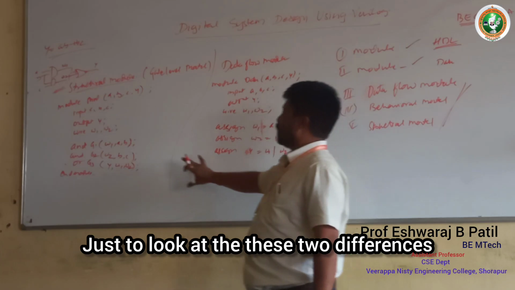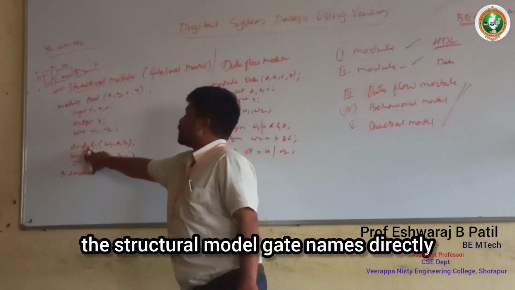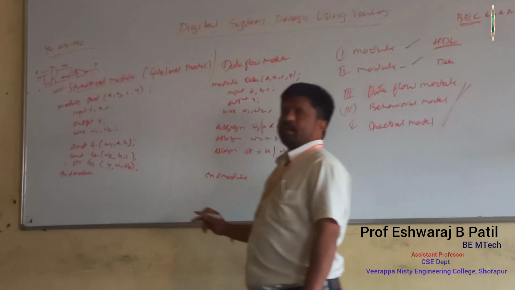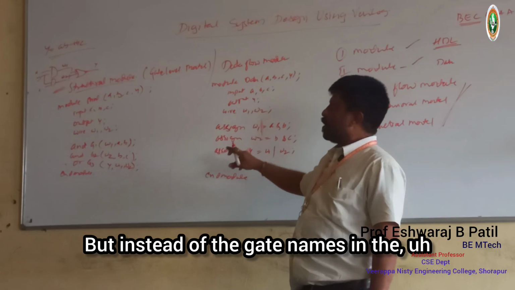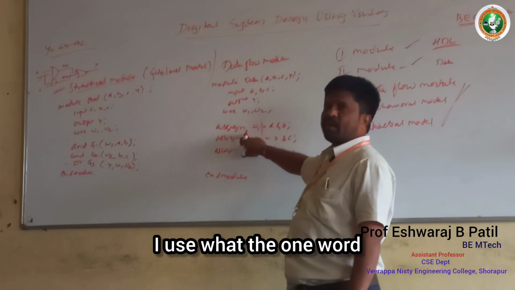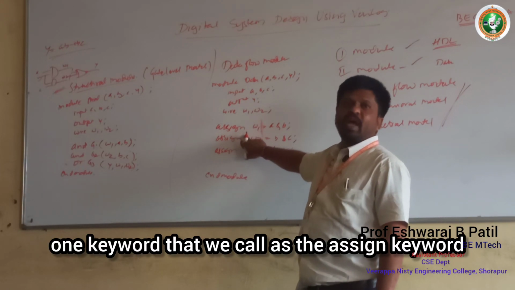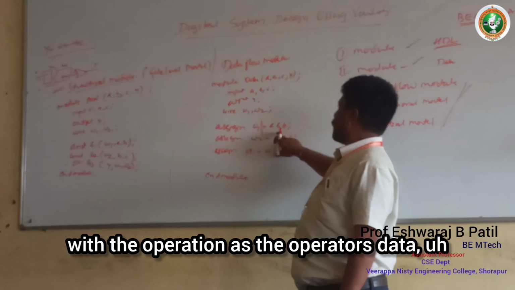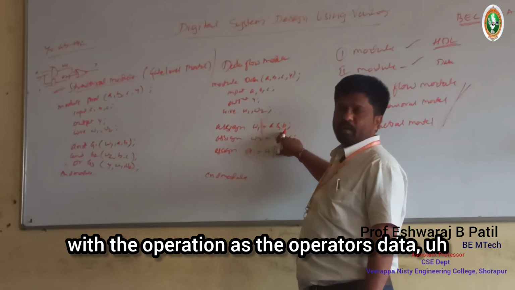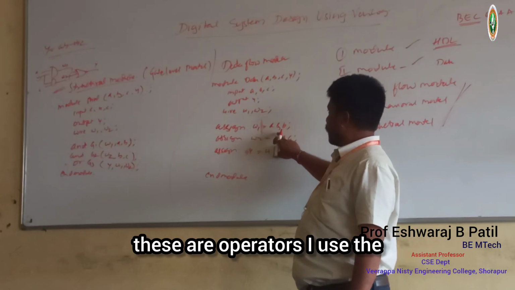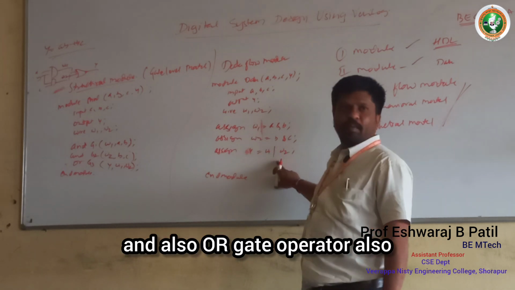Just to look at these two differences: there, in the structural model, I used gate names directly, but in the data flow model I used one keyword, the assign keyword, with the operations as operators. I used the AND gate operator and also the OR gate operator.